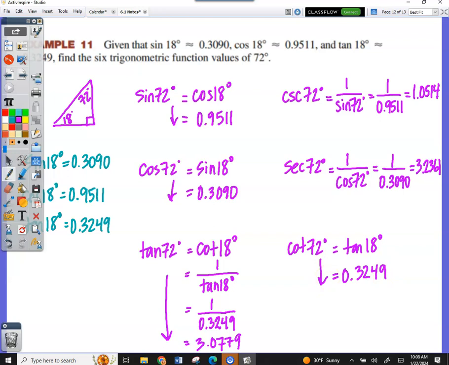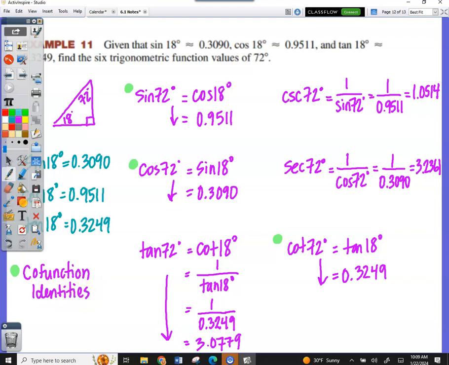So which ones do you actually need to memorize? Like, you know, the sine of this one is the cosine of that one. I'm going to put a green dot next to the ones that came from memory or the co-function identities, I guess. They came from the co-function identities.